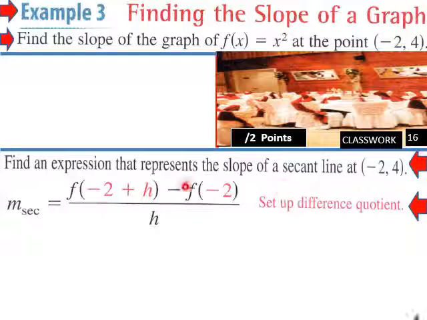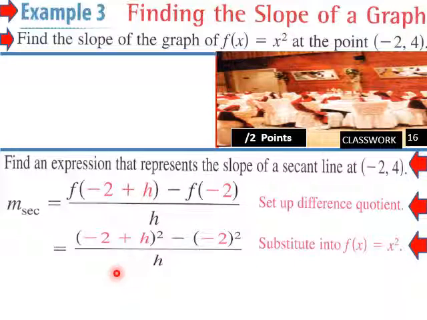We plug our x into the difference quotient and substitute into x squared: -2 plus h, squared here, and then minus -2, squared as well, all over h.